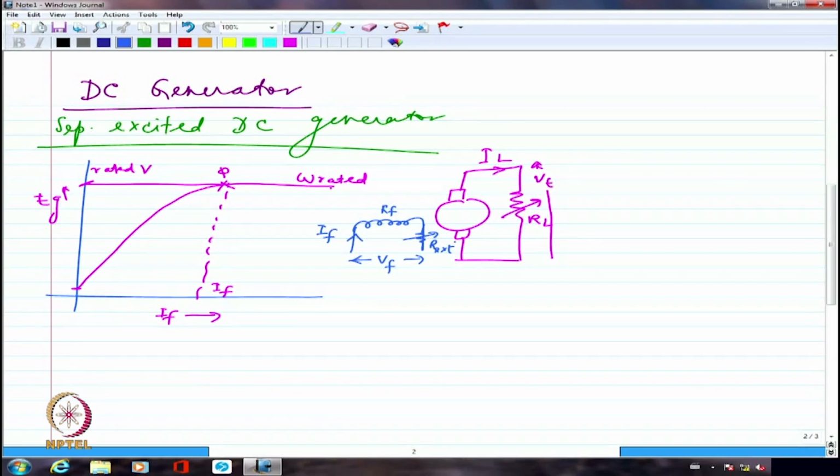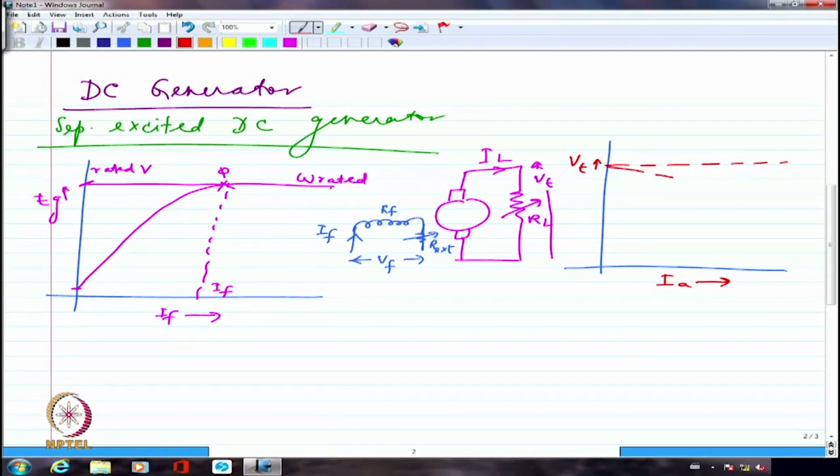So this is going to be my external characteristics, where I am drawing the variation of the terminal voltage with reference to the armature current that I am drawing. If it had been an ideal generator without any resistance drop within the machine, I should have gotten a flat characteristic. But I am not getting a flat characteristic because there is definitely some amount of IA-RA drop taking place.